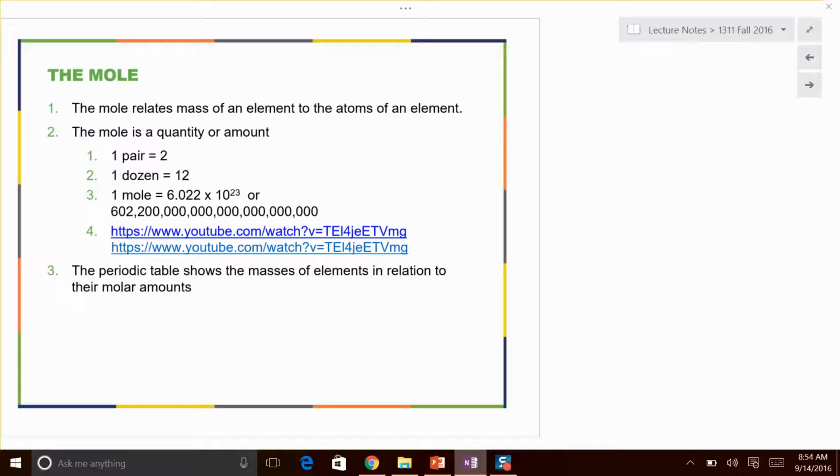If I measure out some sodium chloride in the laboratory, it needs to be these amounts of atoms for me to work with it, or else it's too small. So this is what the mole is. It's an amount. For every 1 mole, I know exactly how many atoms I have. Here's a short video.